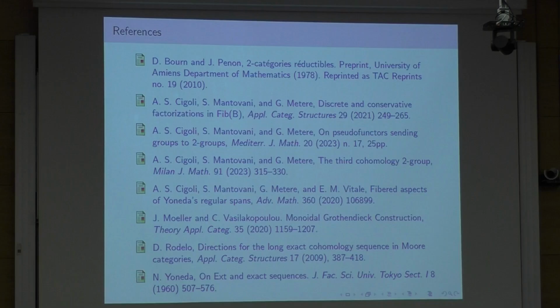You mean what you have, of course, is just a symmetric monoidal category in that case, before performing the factorization. In this paper, the third cohomology 2-group, we describe what you get exactly when you are performing the category of fractions.